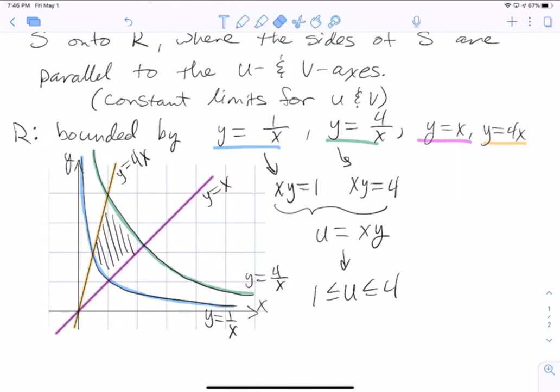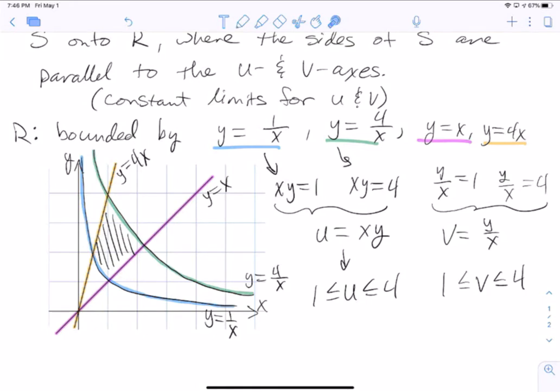So that suggests that I consider y over x is equal to 1, and then y over x is equal to 4. Using those, if we decide that v is y over x, then because y over x goes from 1 to 4, we have that v also goes from 1 to 4.